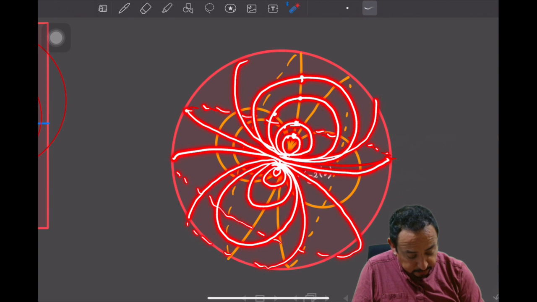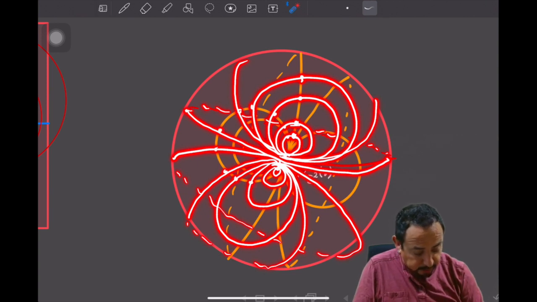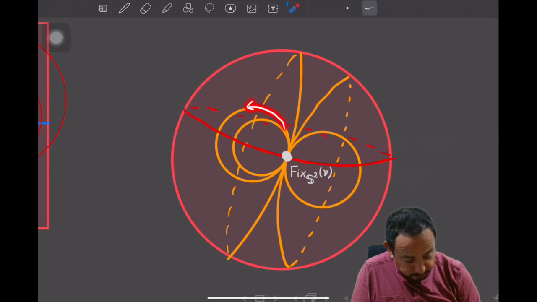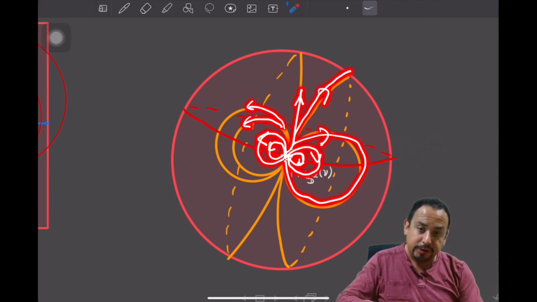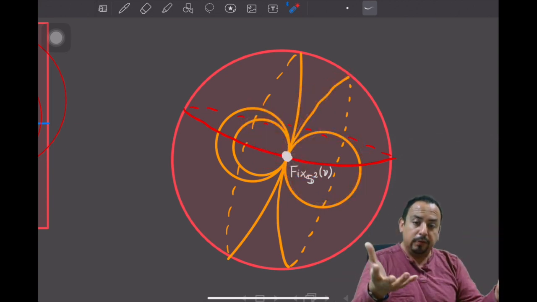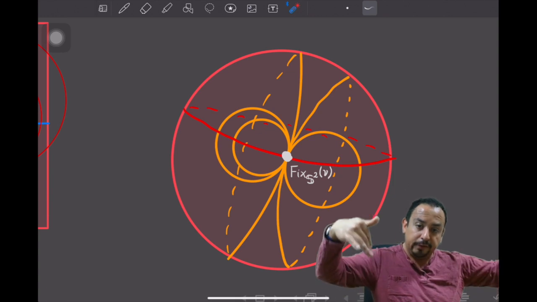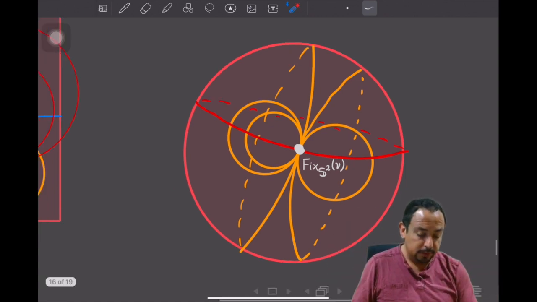So at least the behavior I drew is on the orange circles, and it's all consistent, not only in direction, but also well organized along the transversal circles.